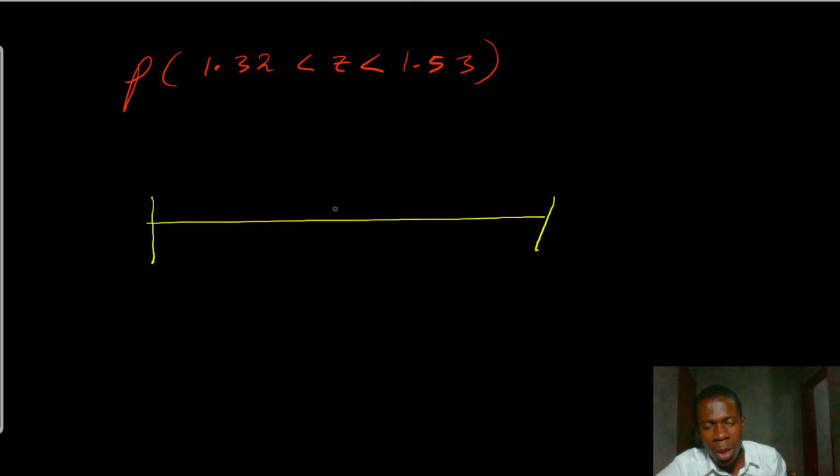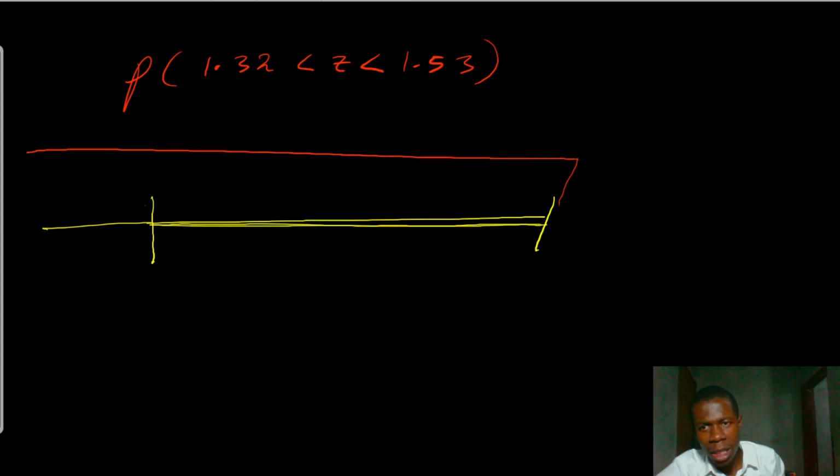If you want the area in between, you can find the area from this point going to the left, then subtract the area from this point going in the same direction. This will give you the area in between.